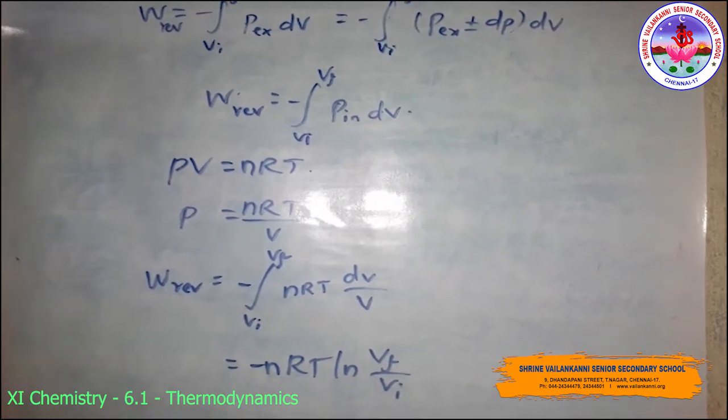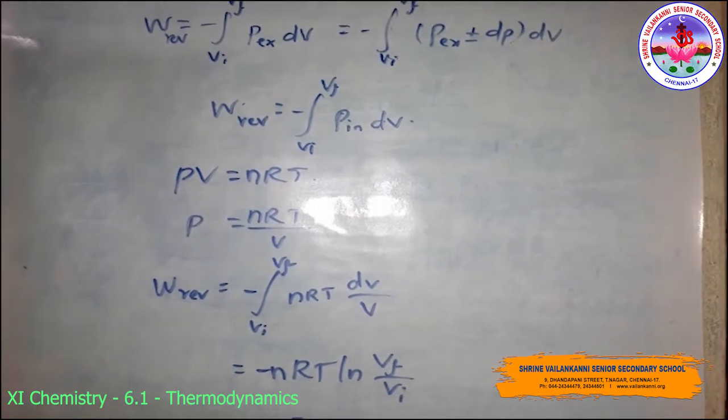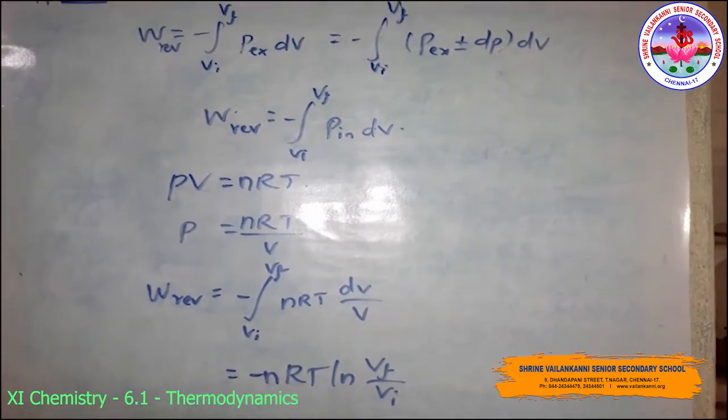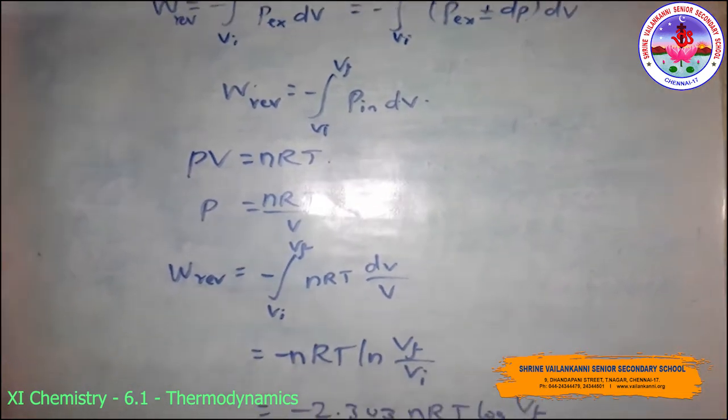Converting ln to log, W is equal to minus 2.303 nRT log Vf by Vi.